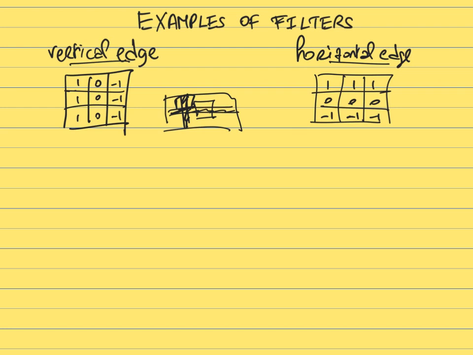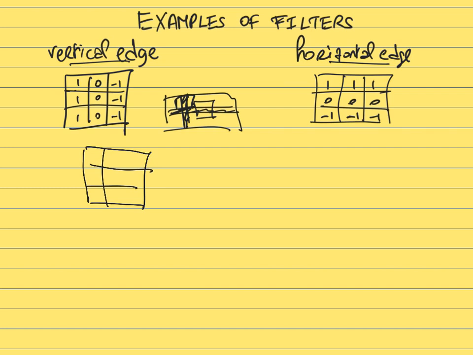Another potential example of filter, which is typically not very useful, but if you think about, for example, a filter like this that would entirely be made of +1, what this type of filter would do is to blur the picture.